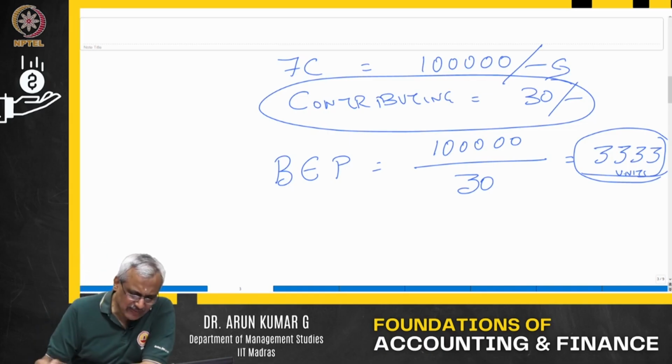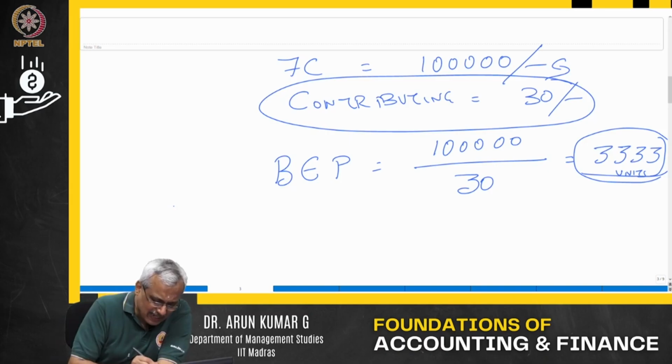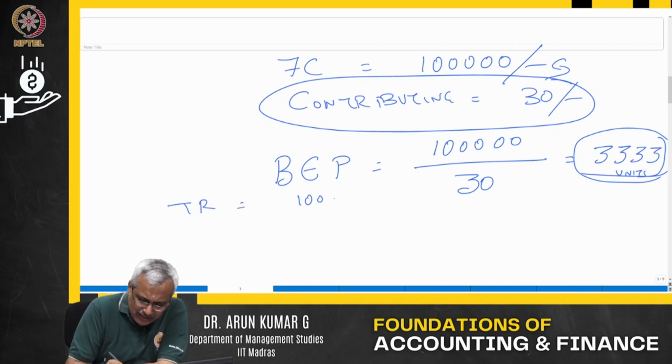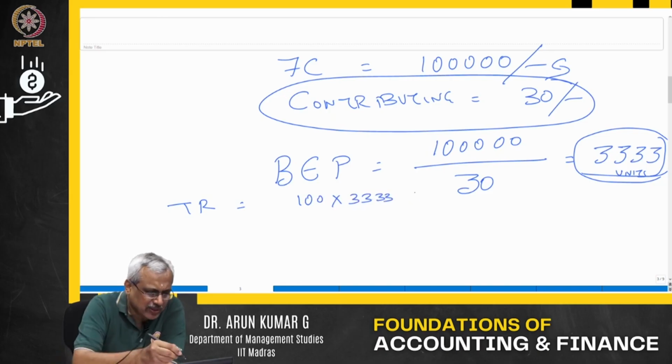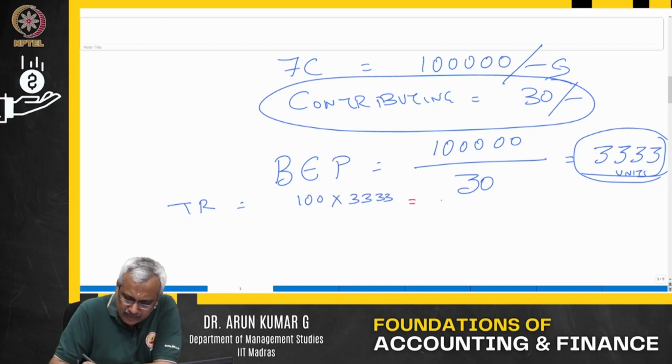You want to verify it, we will verify it, no problem. Let us say my total revenue will be 100 into 3,333. Can you tell me the number, Suhail? 3,33,300.